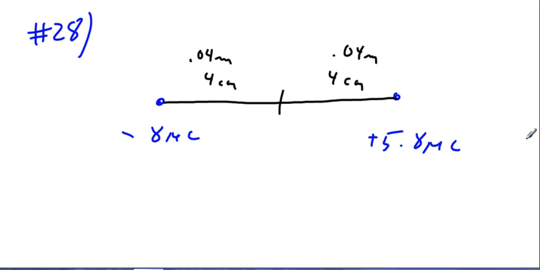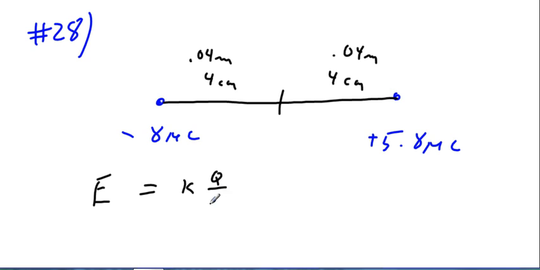So we'll come up with the magnitude of the electric field first. So my electric field is KQ over R squared.